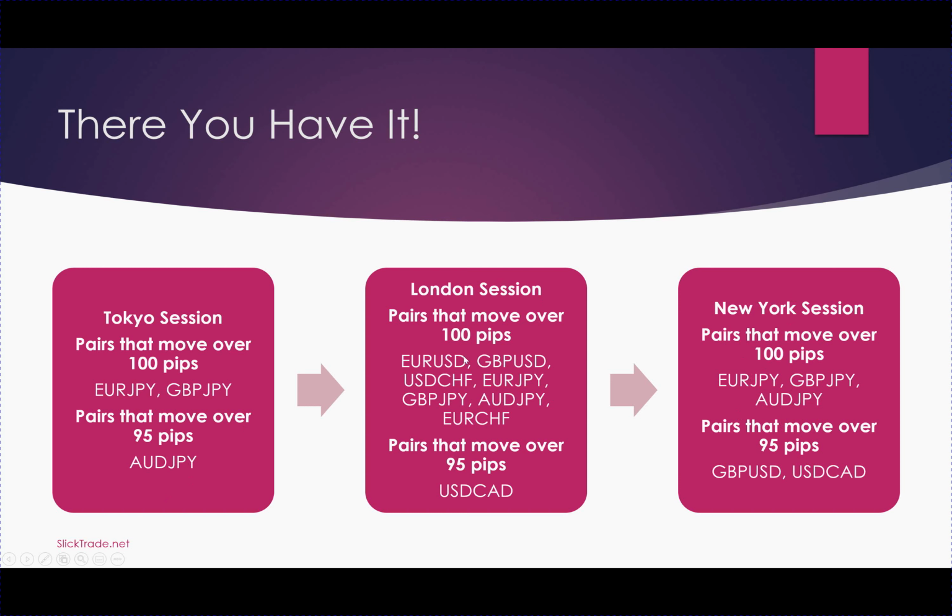London session, like I said, for USD pairs: Euro, GBP, CHF, and then your JPY pairs would be Euro, GBP, AUD, and then your Euro CHF as well. Close runner up, USD CAD. New York session, close runners up, USD CAD and GBP USD.